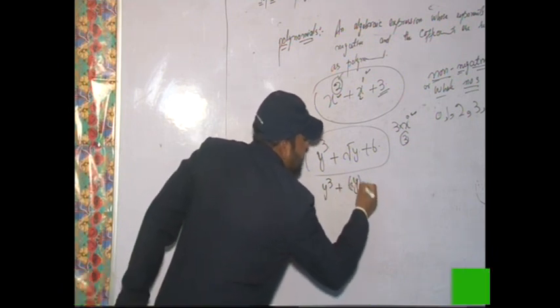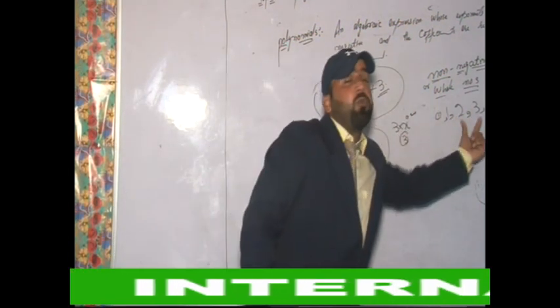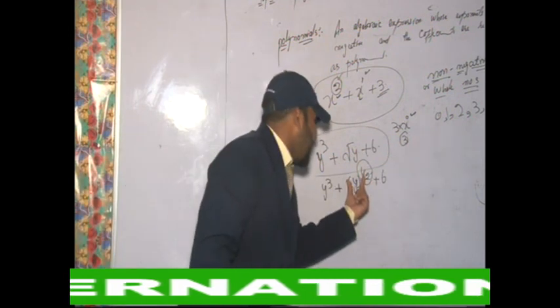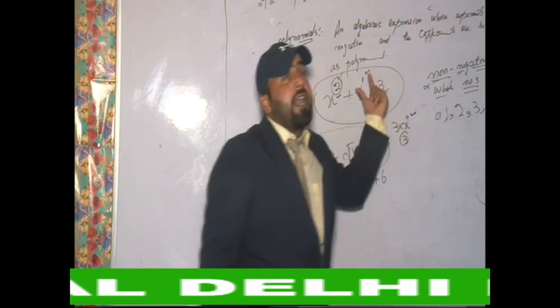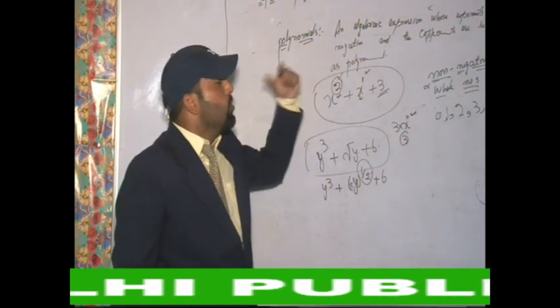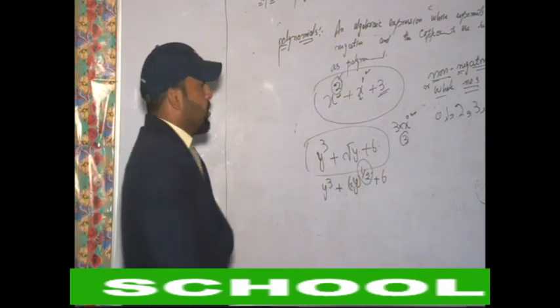So this can be written as y raised to power 1 by 2. So here the exponent of y is 1 by 2, which is not a whole number. So we come to the conclusion that an algebraic expression whose exponents are non-negative, or whole numbers, forms a polynomial.